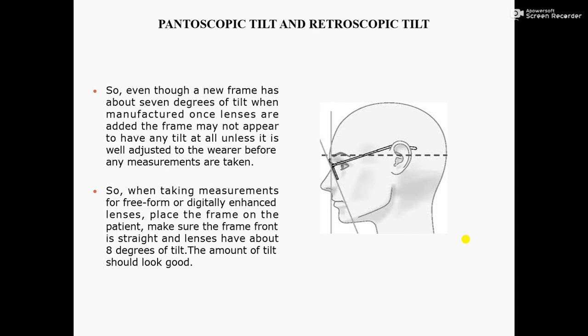The amount of tilt should look good. Here, when we place the frame on the patient's face, we always have to make sure the frame is straight and lenses have 8 degree tilt, and it should look better.